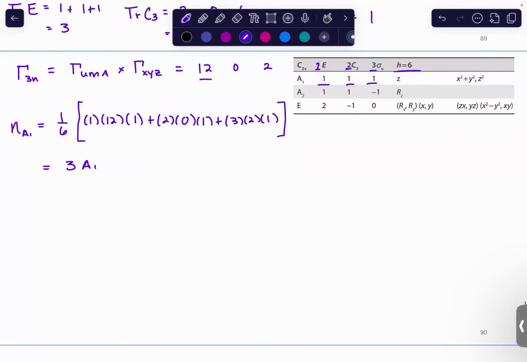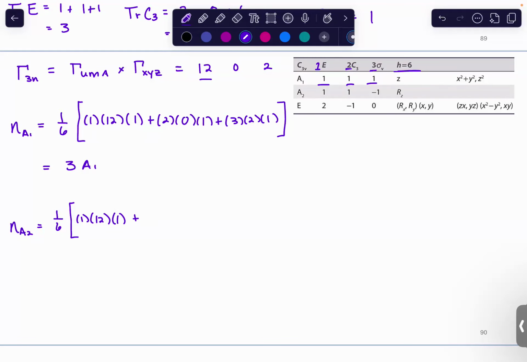So let's look at the number of A2s. 1/6. All right. So again, in front of E, there's a 1. From gamma 3N, there's a 12. And then from A2, there's a 1.